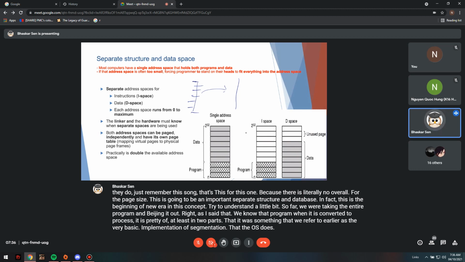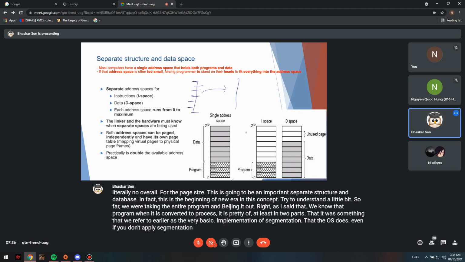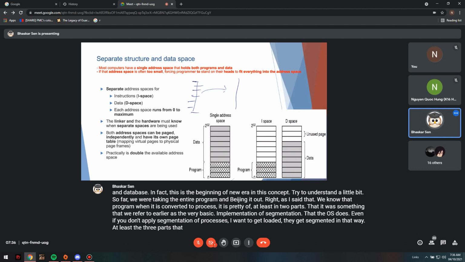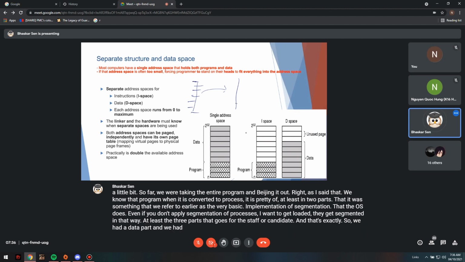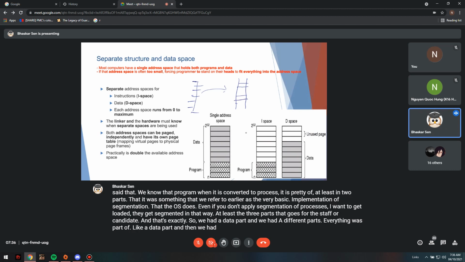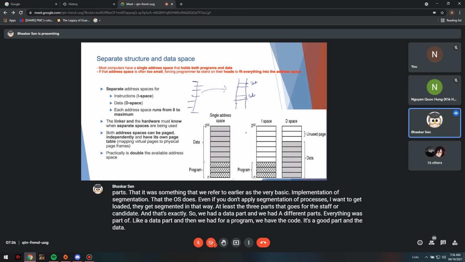Even if you don't apply segmentation, all processes, when they get loaded, get segmented in that way, at least into three parts: the code part, the stack part, and the data part.